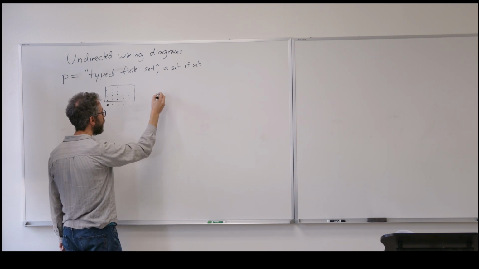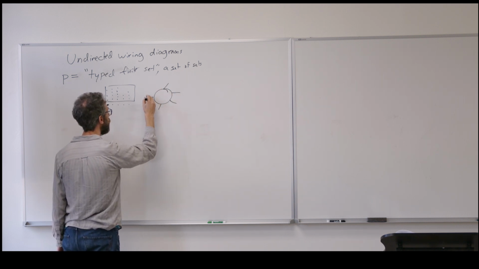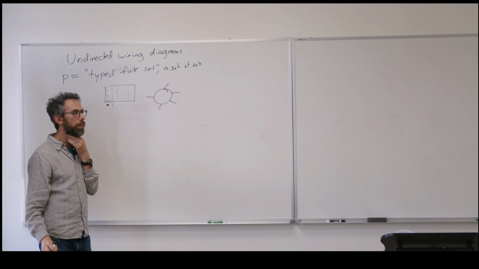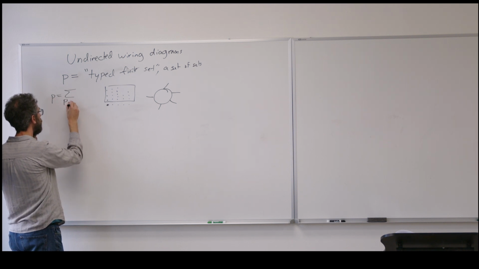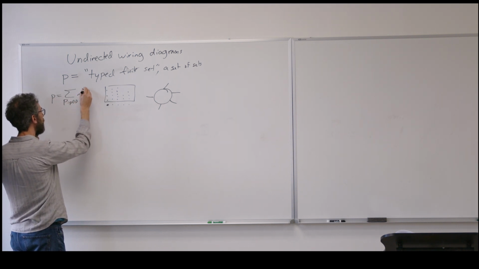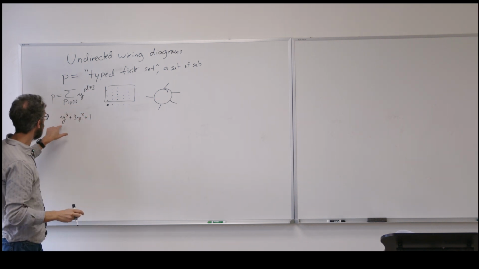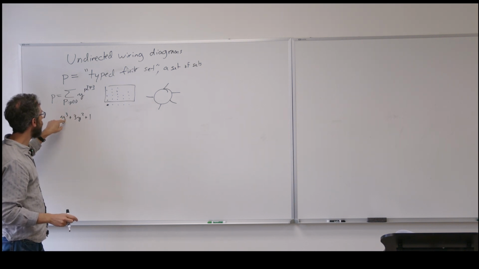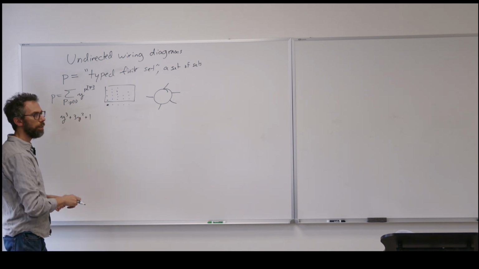But for the purposes of wiring diagrams, we're going to think of it as something with, these would be the positions of the polynomial. A polynomial is actually a sum over some positions of y to some direction. So for example, y cubed plus 3y squared plus 1 would have 1, 2, 3, 4, 5 positions. And the first position would have 3 elements, 3 directions. The next one would have 2, then 0.